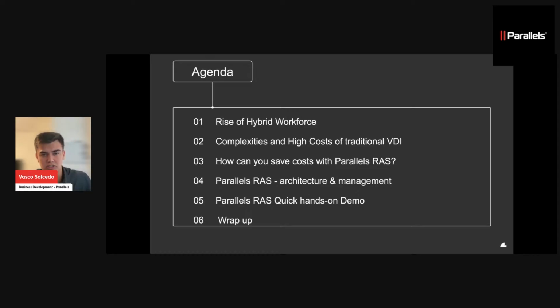And then we'll move on to a quick hands-on demo where we'll be launching an application, launching a virtual desktop, and looking at the Parallels console. And finally, we'll wrap it up with any additional questions that may surface and next steps, in case you are interested and want to either start a trial or look into Parallels RAS a little bit more yourself.